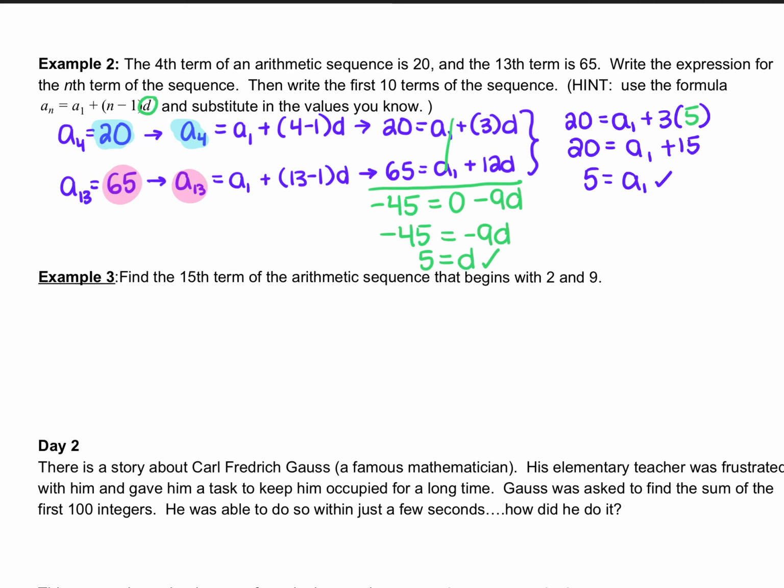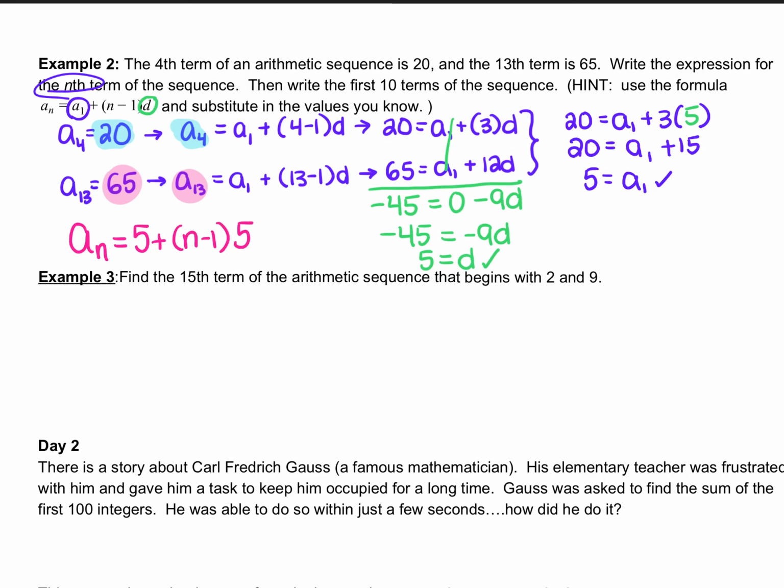Well, now I've got the first term. So now I have this part of my equation as well, which is great because that's all I need in order to write the expression for the nth term. So let's go ahead and do that. Okay, so a sub n is going to be our first term, which we found was 5, plus n minus 1 times 5.